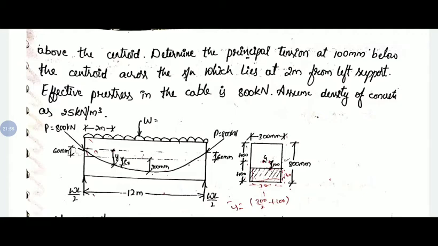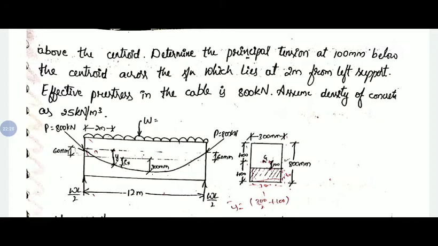So this sentence, determine the principal tension at 100 mm below the centroid across the section which lies at 2 meter from the left support. In our figure, we need to consider the section at 2 meter away from the left support. In that section, again 100 mm below the centroidal axis. So 800 is the overall depth of the section, so 400 will be the centroidal axis.